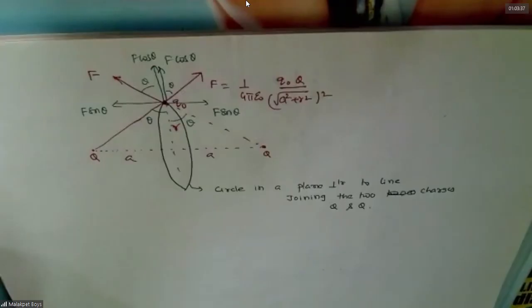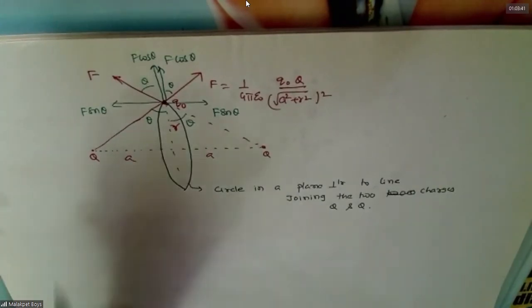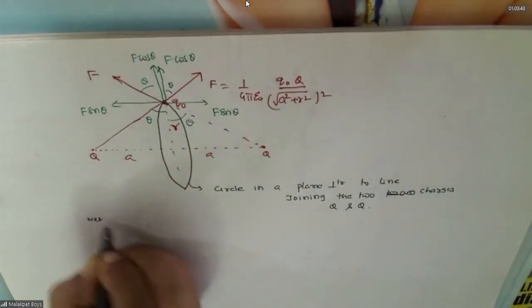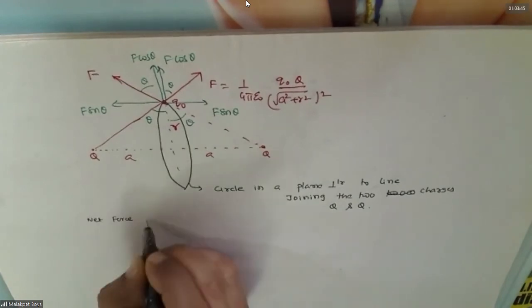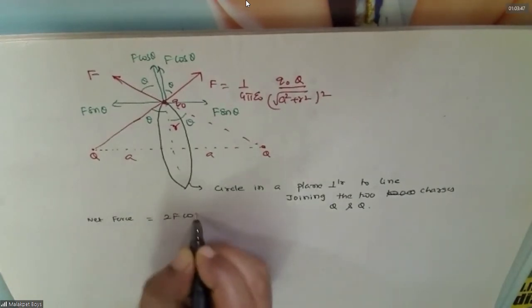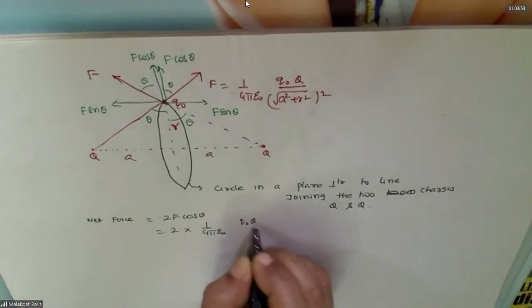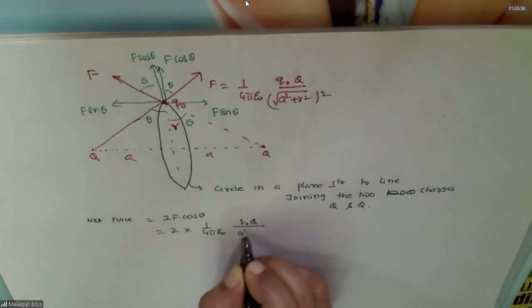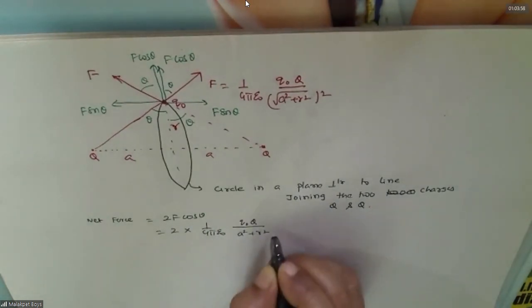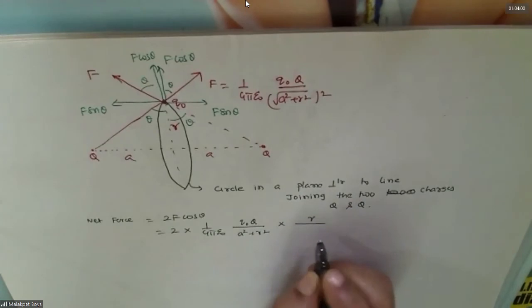So sum of F sine theta will become 0. So you have 2F cos theta. What is cos theta? R by root of A square plus R square.